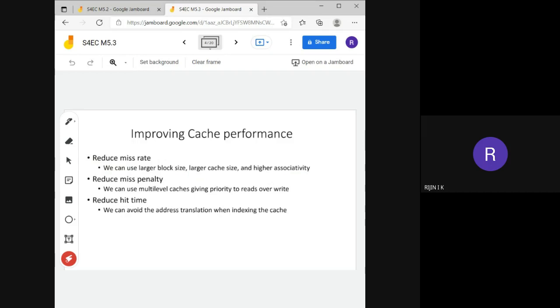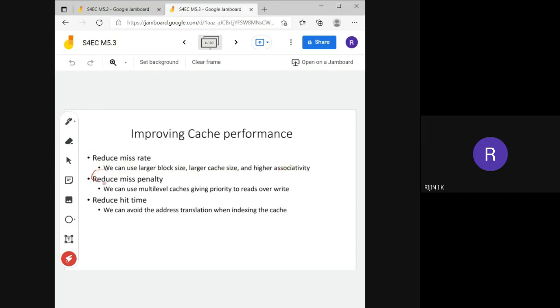Suppose n lines are in the cache memory, we have to use an n-way associative cache memory. We studied two-way associative and four-way associative in previous slides. So for reducing miss rate, we can use large block size, large cache size, and higher associativity.